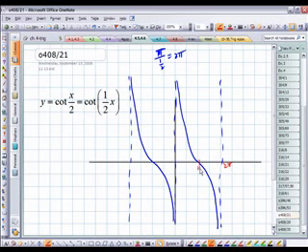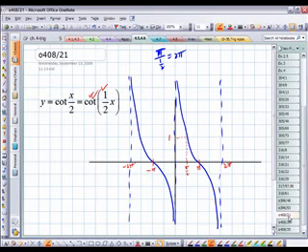This is going to be at pi. This will be negative pi, negative 2 pi. And then over here at pi over 2, that should match up with a height of 1. So that takes care of our cotangent by drawing in these curves, and then takes care of the half when we change the period of everything.